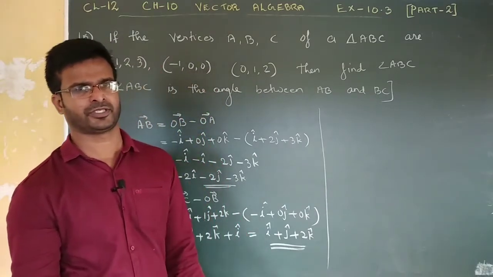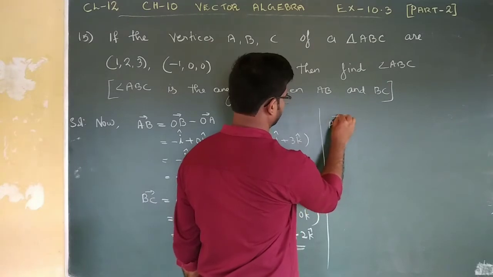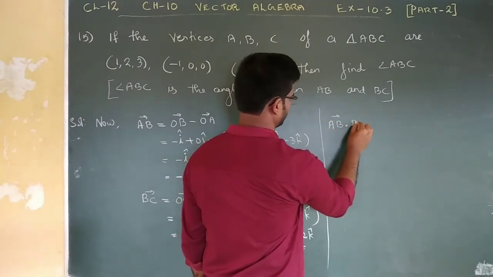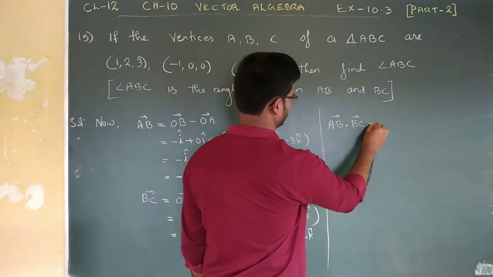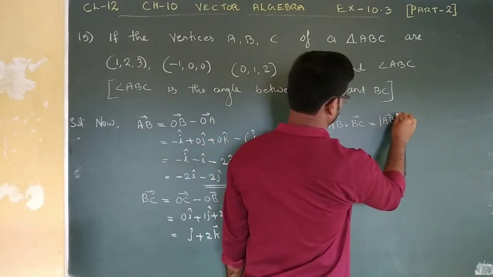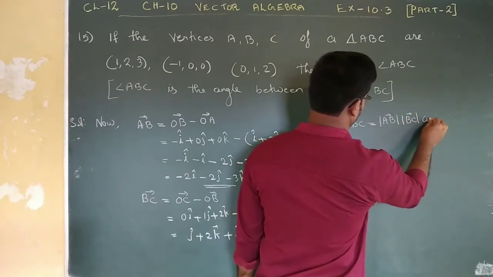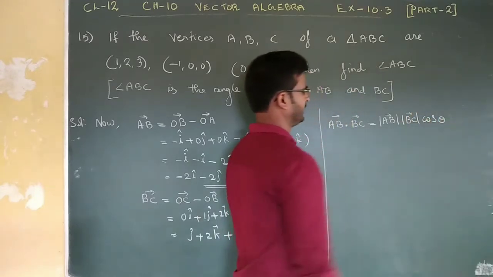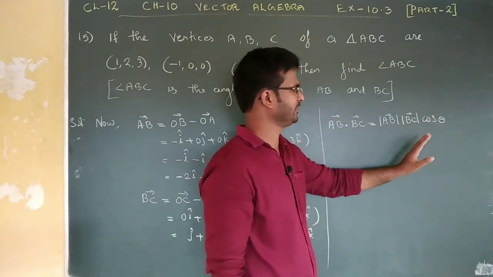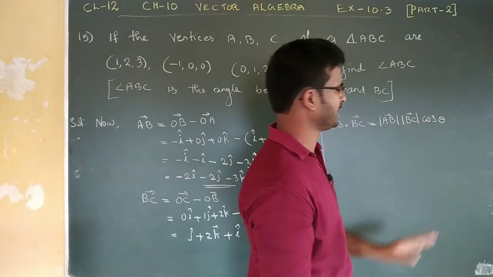You know scalar product, isn't it? Yes, scalar product. That is AB vector dot BC vector. We can write magnitude of AB vector, magnitude of BC vector, cos theta. Here theta means the angle between both vectors, isn't it? We will find theta from here.